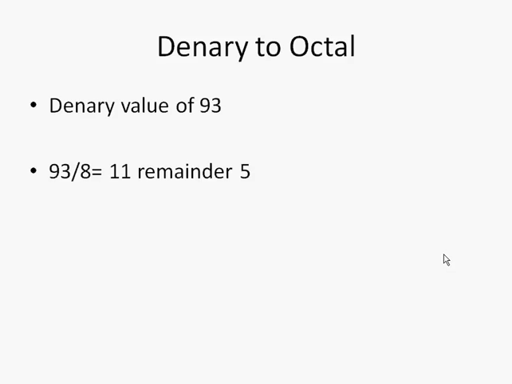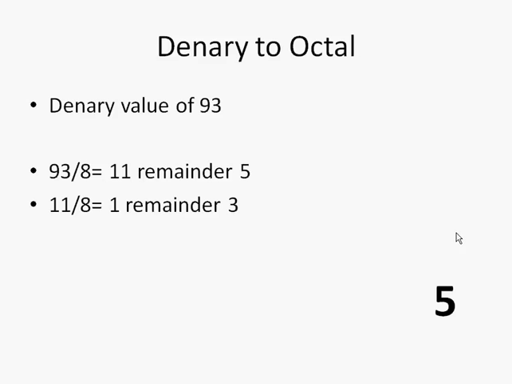When we come to converting the other way around from denary to octal, let's take a look at an example. So if we took the decimal value of 93, what we do first of all is divide it by 8. And when we divide 93 by 8, we get 11, remainder 5. And because we get remainder 5, we use that as the right-hand most digit of our octal equivalent of 93.